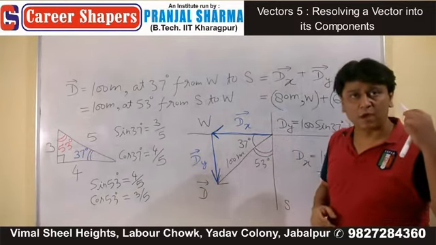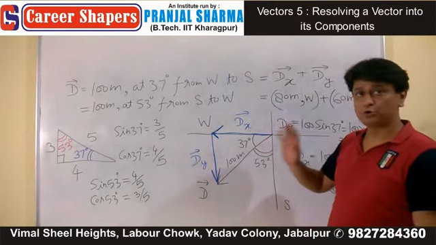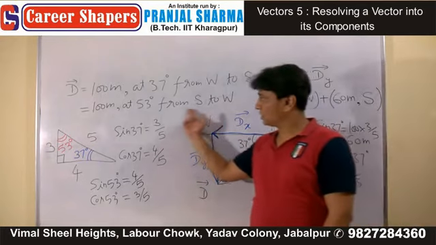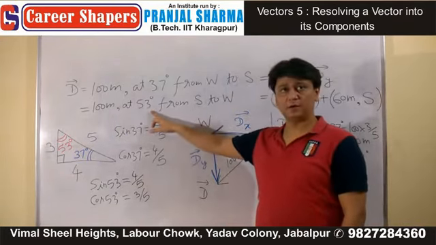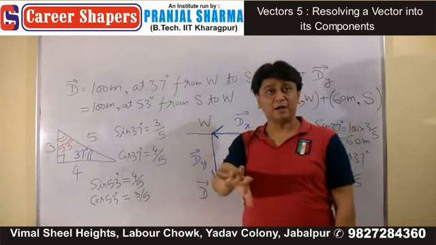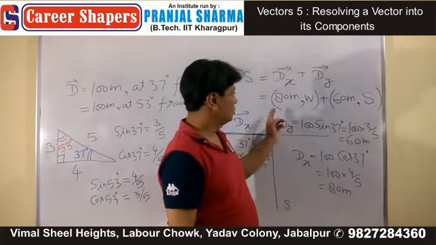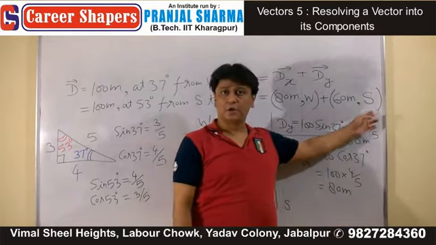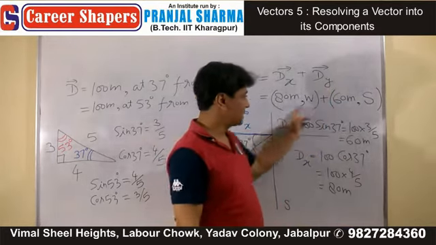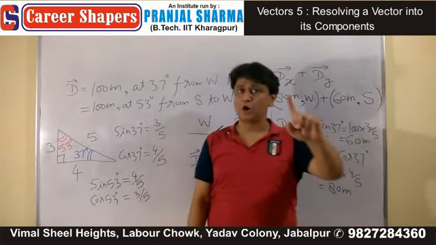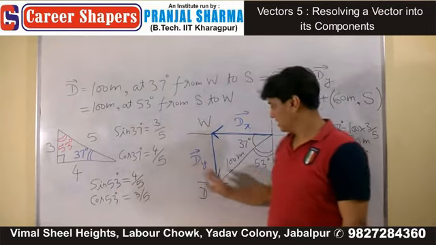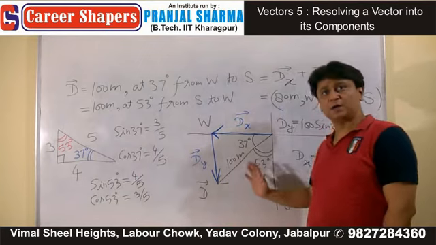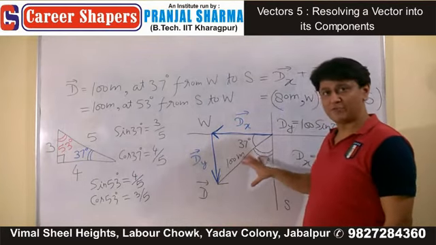Now, I want you to resolve this using 53, and ultimately your answer should not change. Final part is the same, but this time you will not be using 37, you will be using 53, and you will draw a separate figure, don't do everything in the same figure.